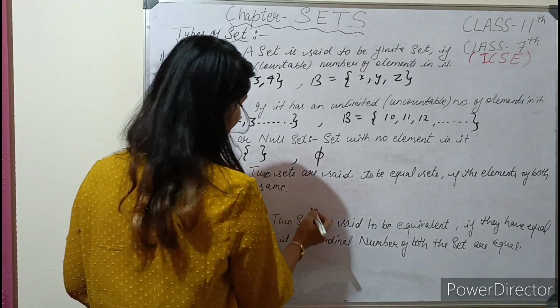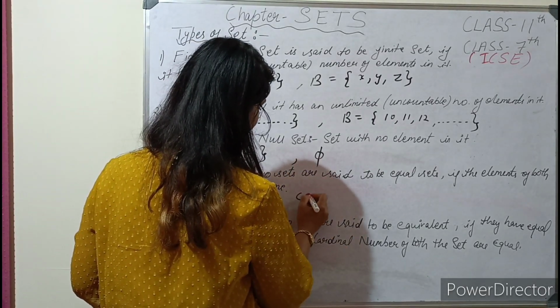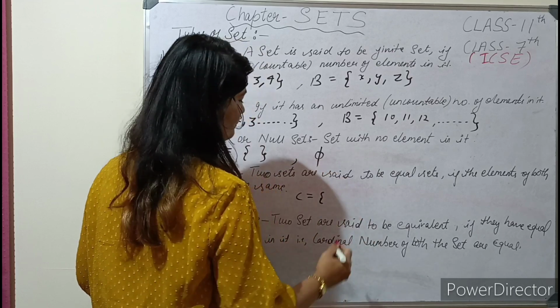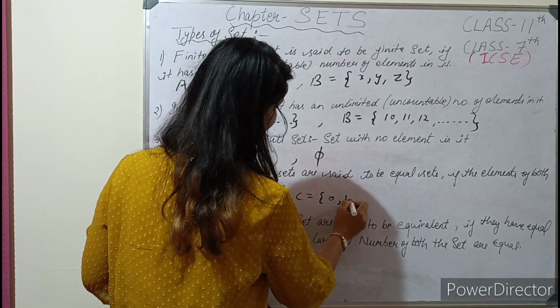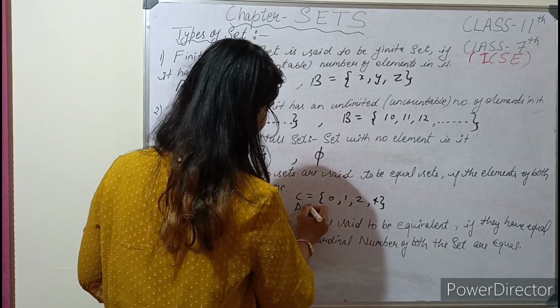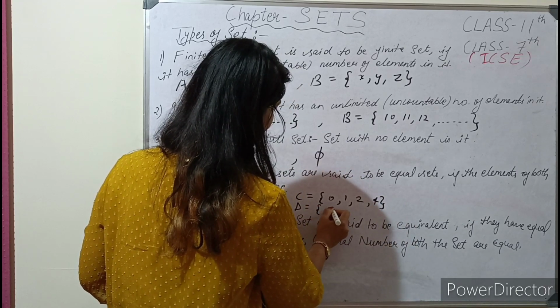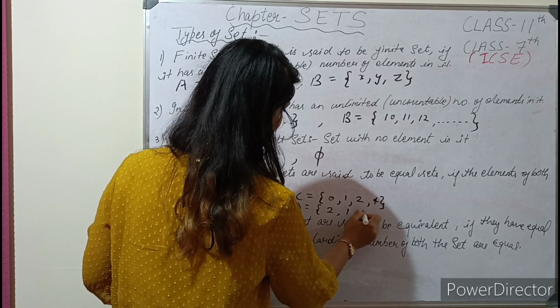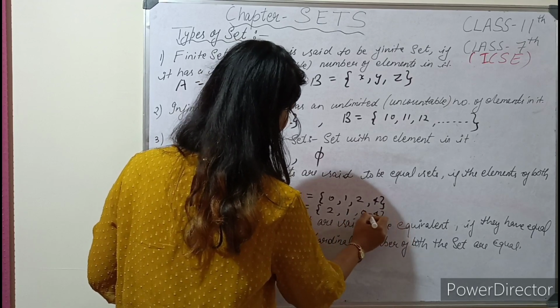If I take one more example, suppose C is a set of elements 0, 1, 2, 4 and D is a set of elements 2, 1, 0 and 4.